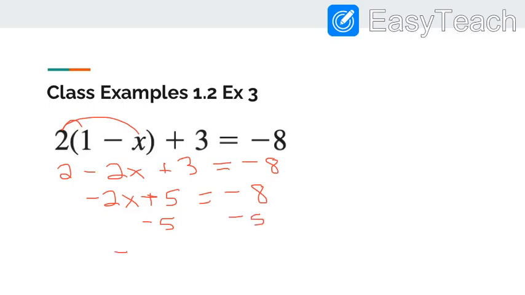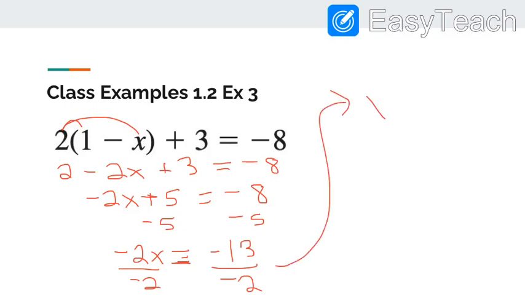Now I get negative 2x equals negative 13. Now I would want to divide by negative 2. So divide by negative 2, divide by negative 2. I'd be left with x equals 13 over 2, which is also the same as saying 6.5.